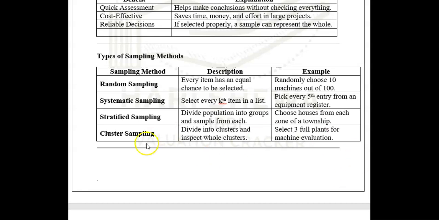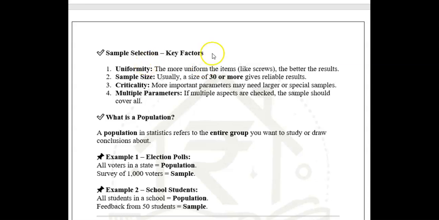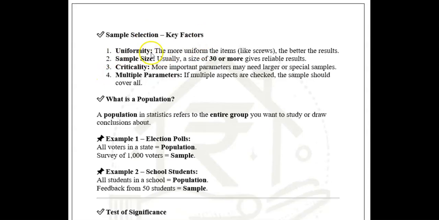Cluster sampling. Divide into clusters and inspect the whole cluster. Select three full plants for machine evaluation. This is called cluster sampling. Sample selection: uniformity.